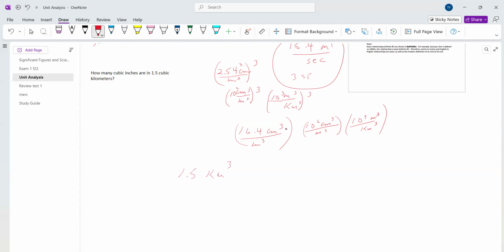And again, we're not going to cube the 1.5 because it's already been cubed. Okay, now we need the kilometers to cancel. I want the meters to cancel. And then we want the centimeters to cancel.